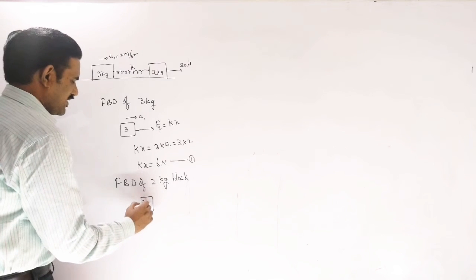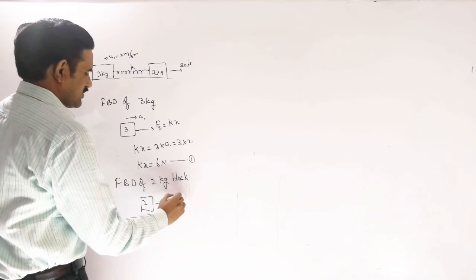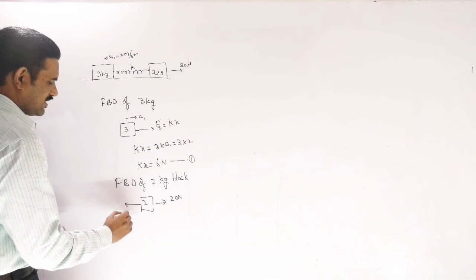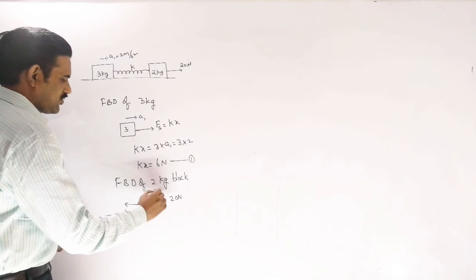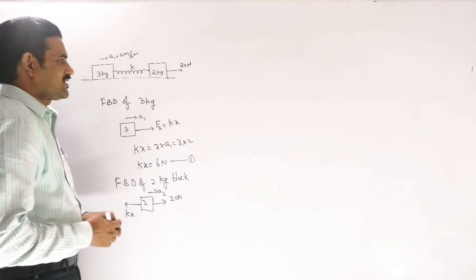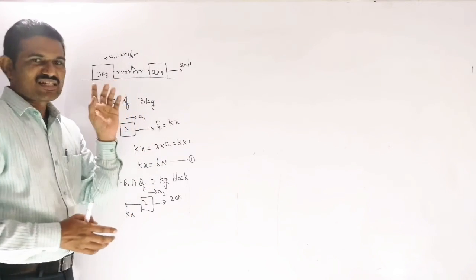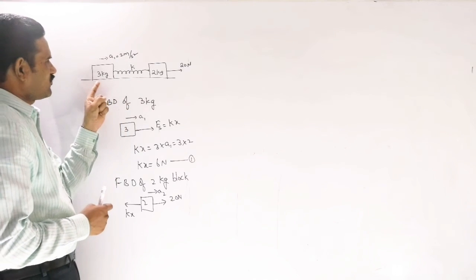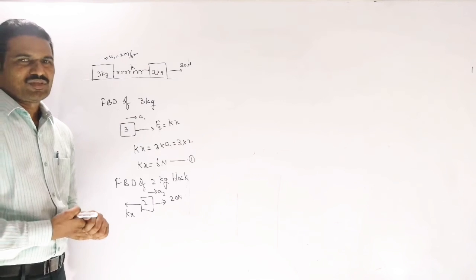Now on the 2 kg block the forces acting are 20 newtons, and on this side kx will be there, right? And say it is accelerating along this direction with acceleration a2. Here you need to identify first of all that when these two are connected by a string, the acceleration of the 3 kg and the acceleration of the 2 kg will be the same at any instant, right?